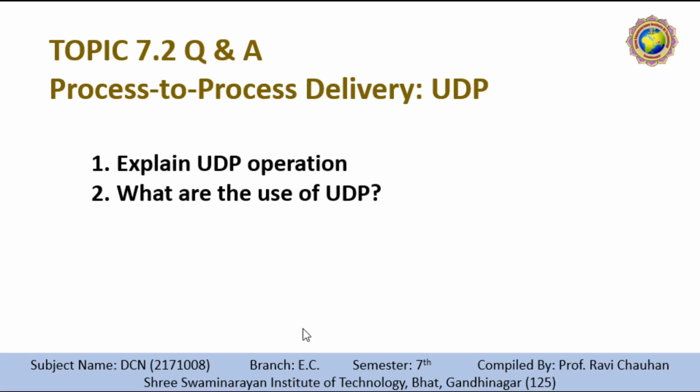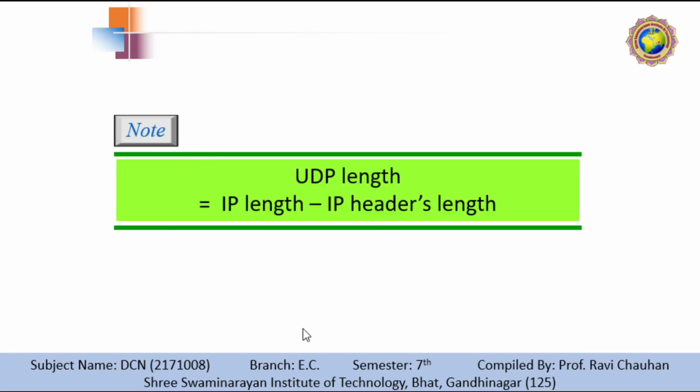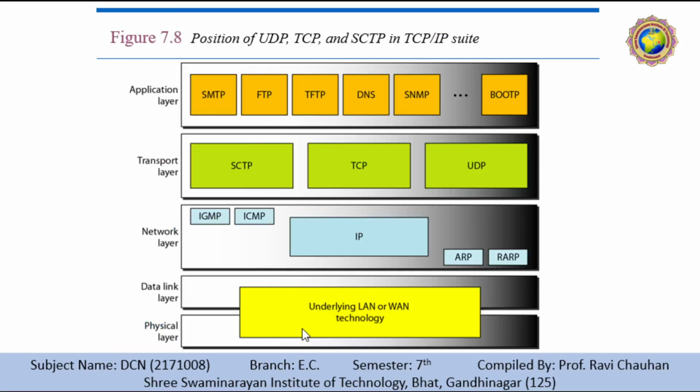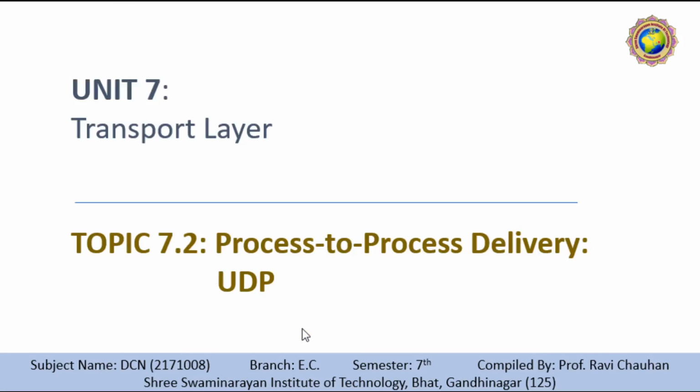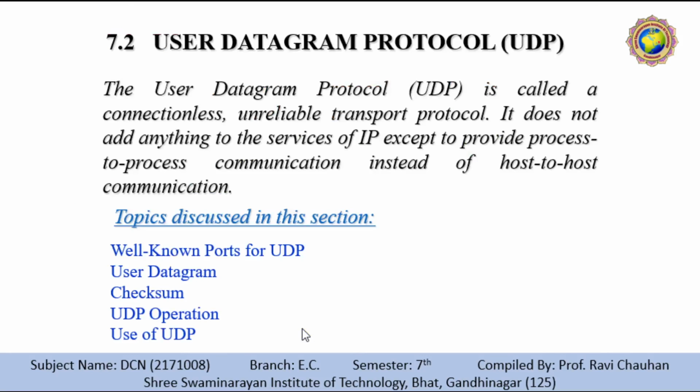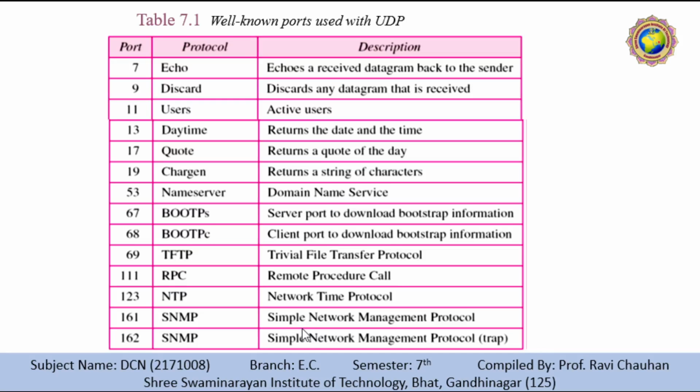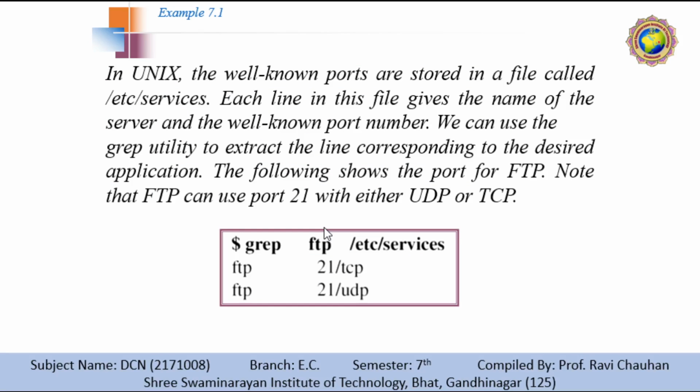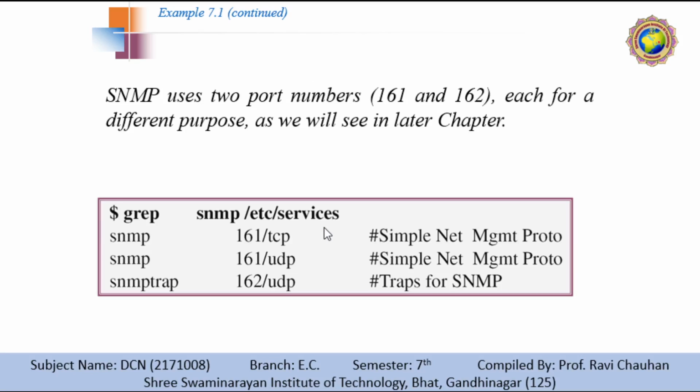So it is the end of our session. Let's revise our discussion. We started our discussion with an introduction to UDP. In UDP we have seen well-known ports. After that we have seen an example of FTP port number and TCP and UDP port numbers.